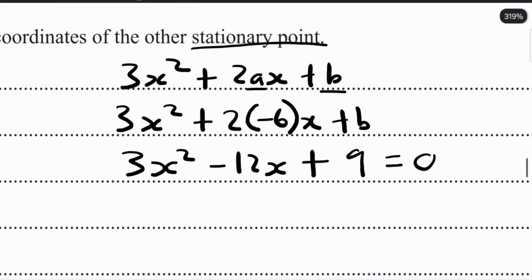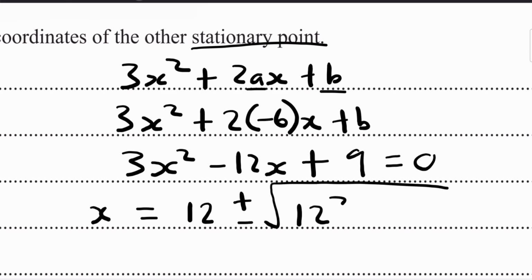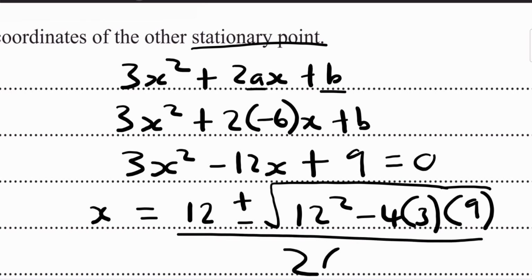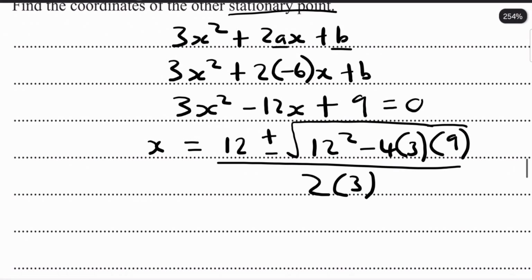Right? So for this, we're going to use the quadratic formula. So x equals 12 plus or minus the square root of 12 squared minus 4ac, all over 2a, like this.